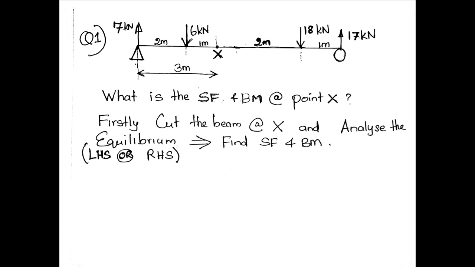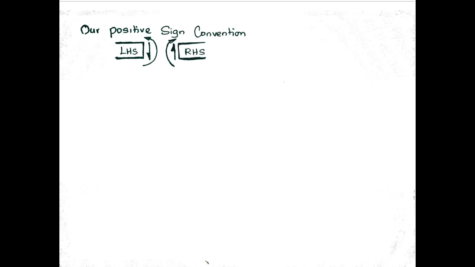Firstly, cut the beam at X and analyze the equilibrium. Find the shear force and bending moment. We can consider LHS or RHS. This is our positive sign convention.